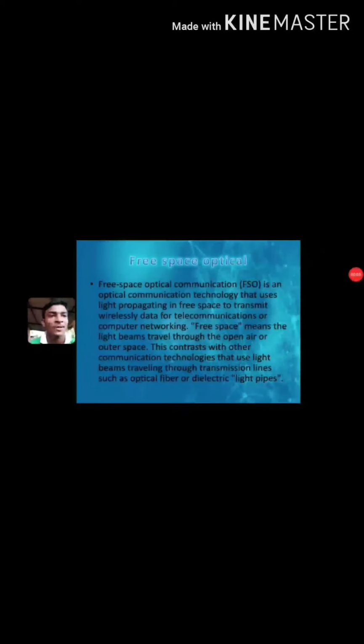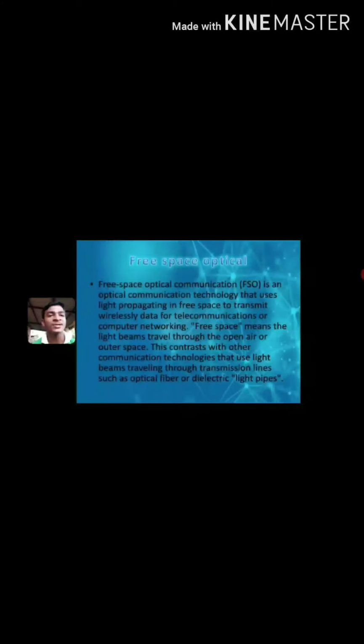Free space optical. Free space optical communication is also known as FSO. It is the optical communication technology that uses light propagating in free space to transmit data wirelessly for telecommunication or computer networking. Means it is the technology used for telecommunication of data wirelessly with the help of light propagating in free space.